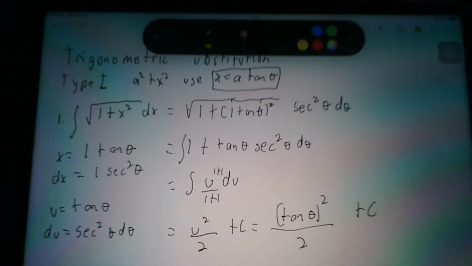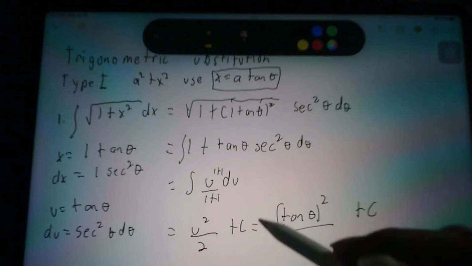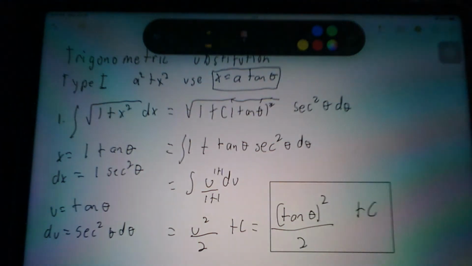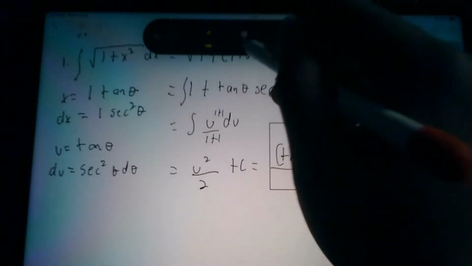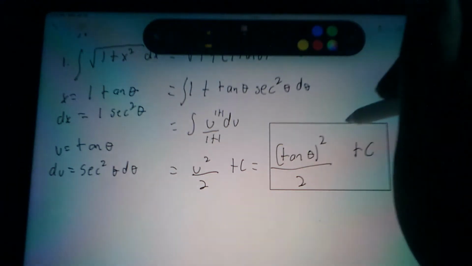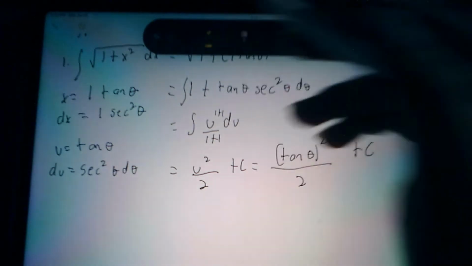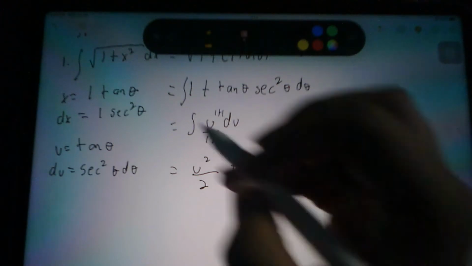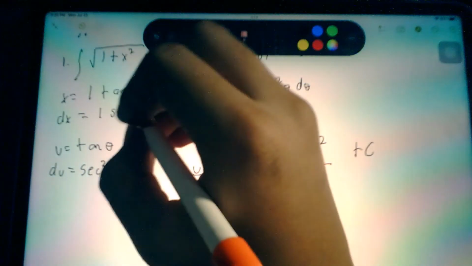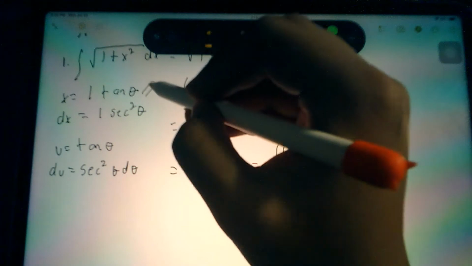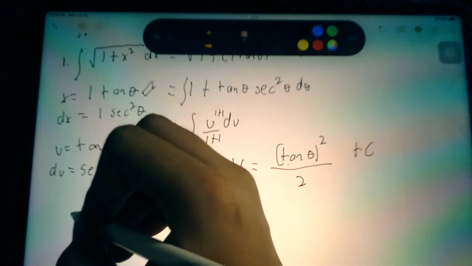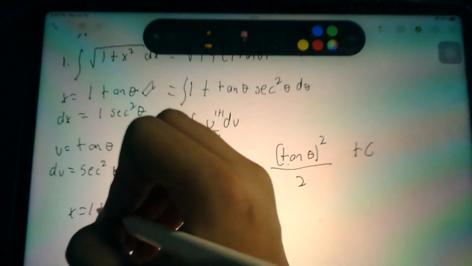So do you think this is our final answer? No, that's right, no. We need to find the value of theta here. So let's do that by taking this function: x equals 1 tangent theta.